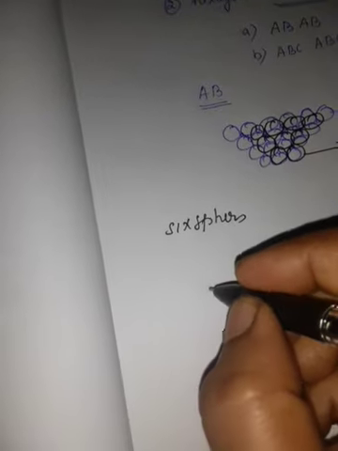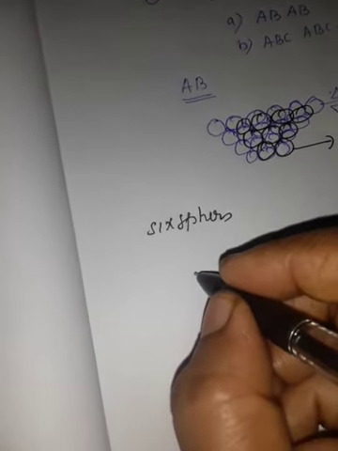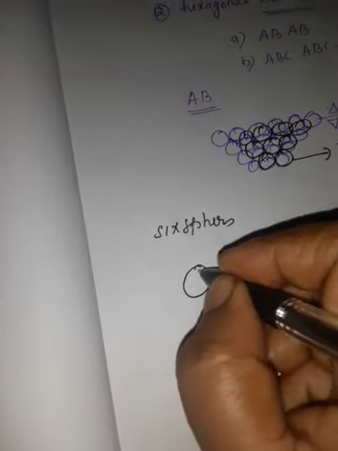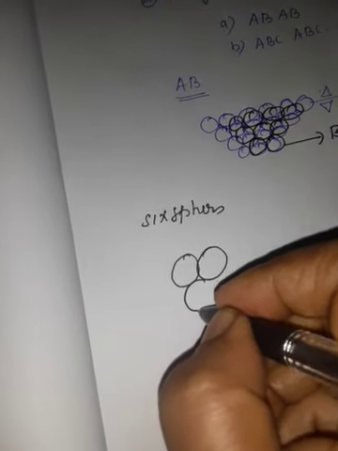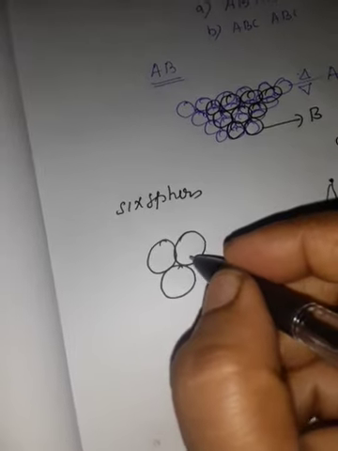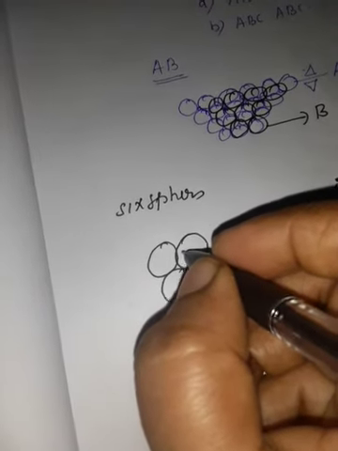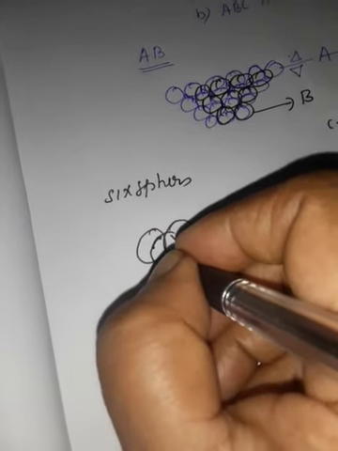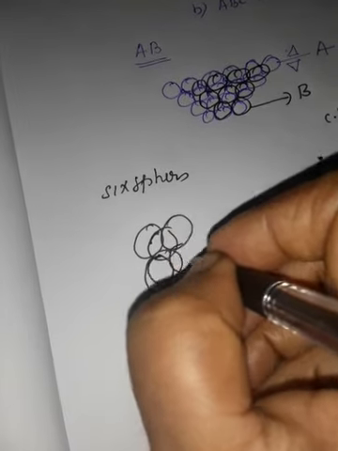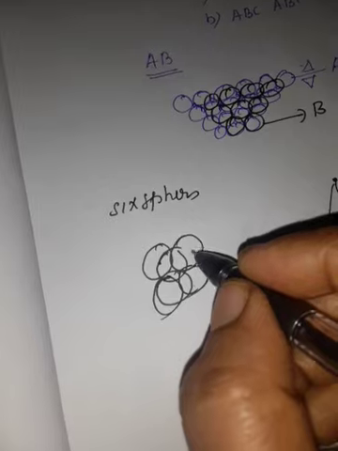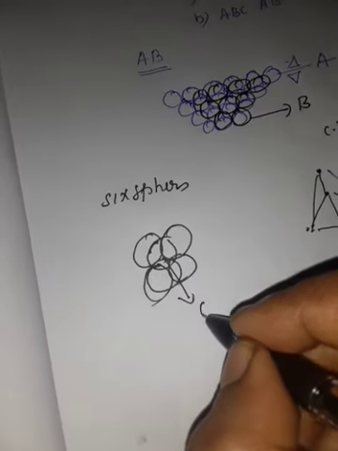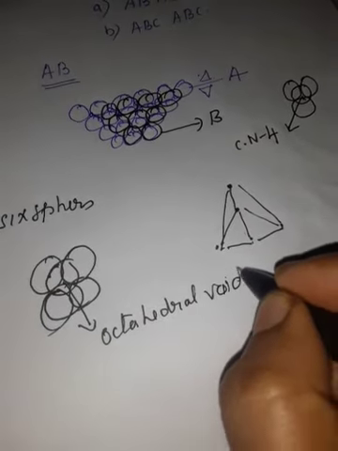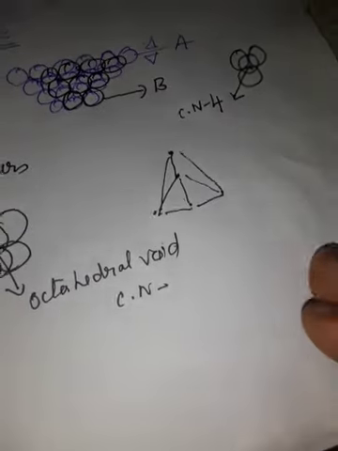So, octahedral voids: 3 atoms in layer A and 3 atoms in layer B. This is the octahedral void. Coordination number is 6.